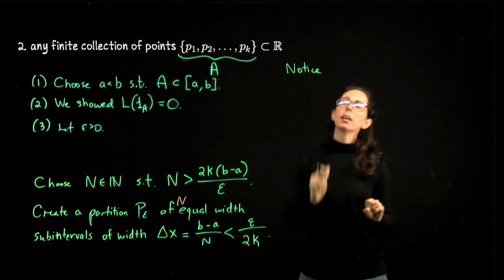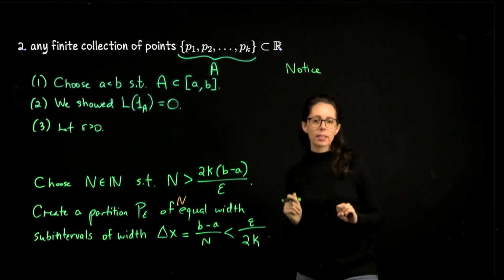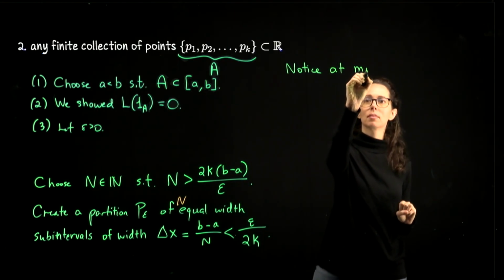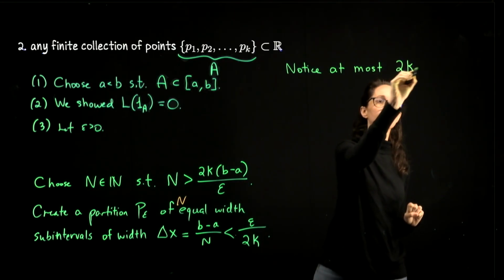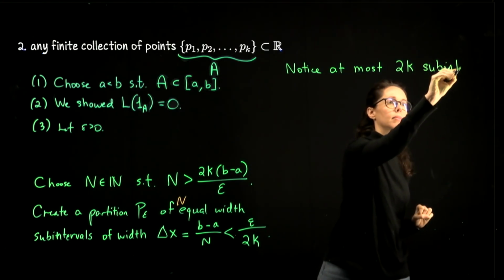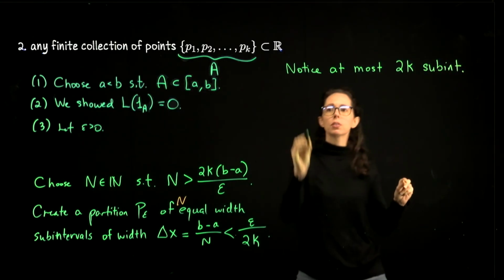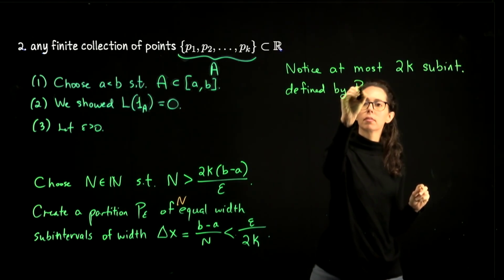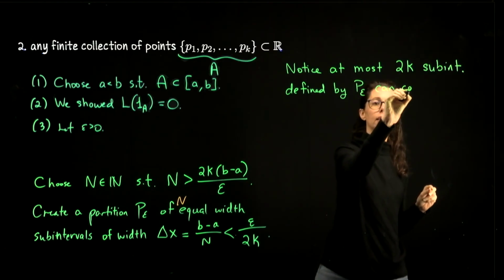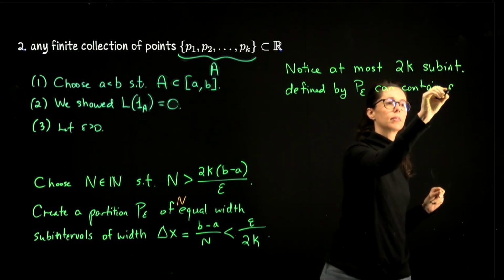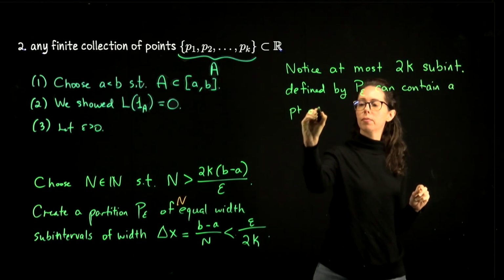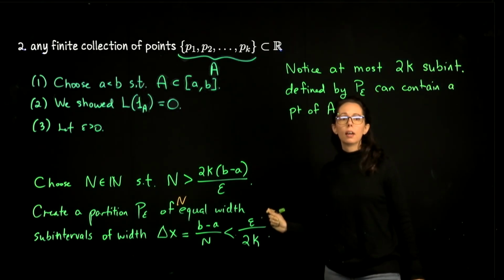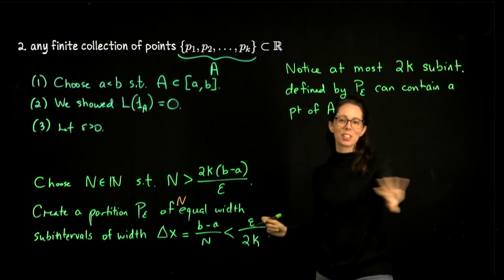Notice at most 2k subintervals defined by this partition can contain a point from A. Okay. Again, that's the whole discussion that we just had.